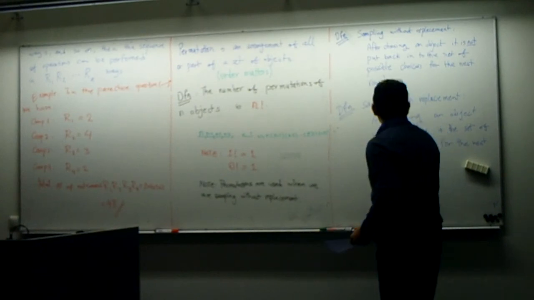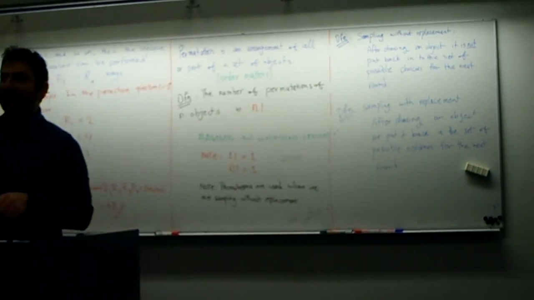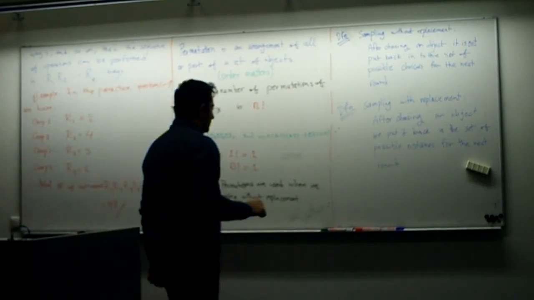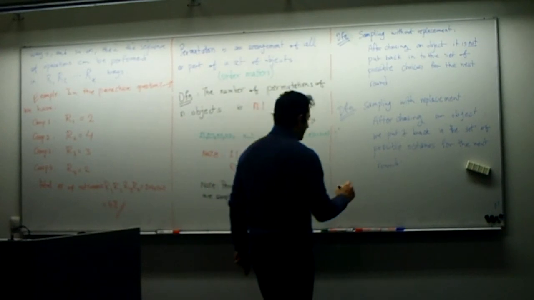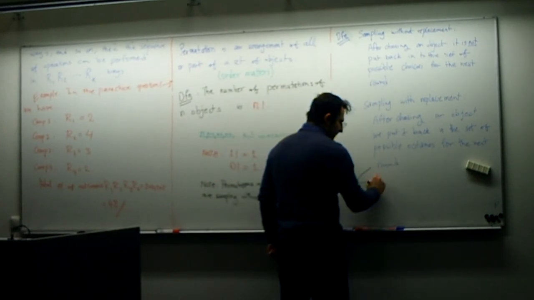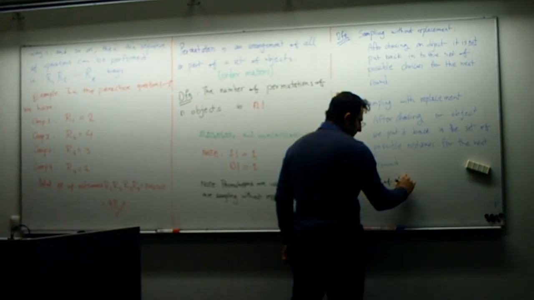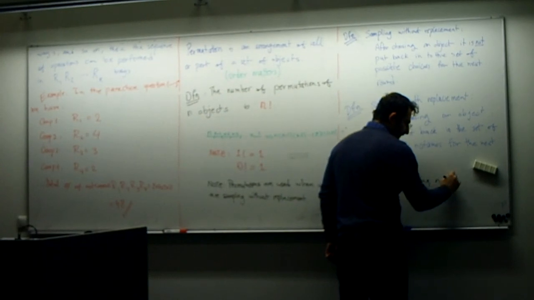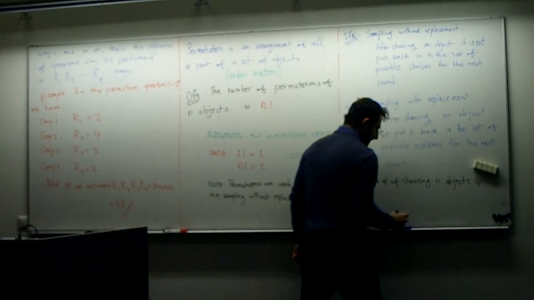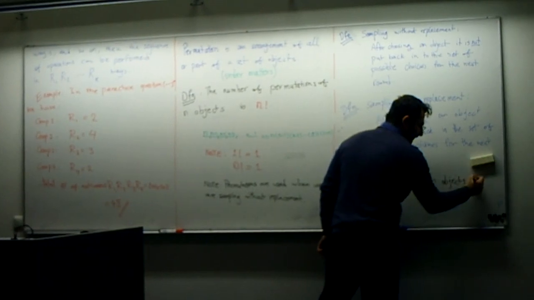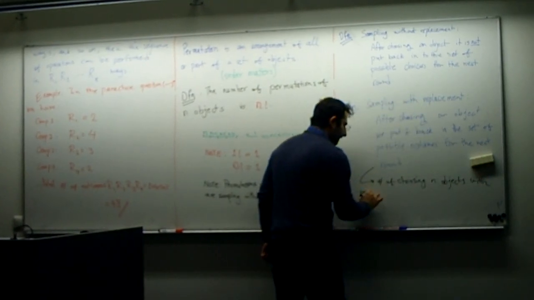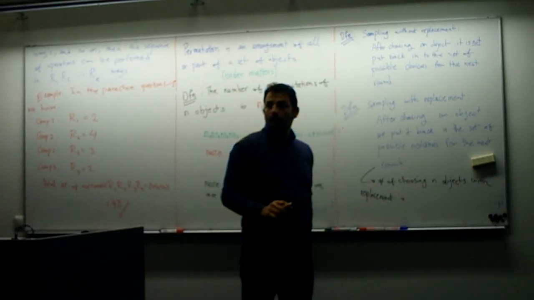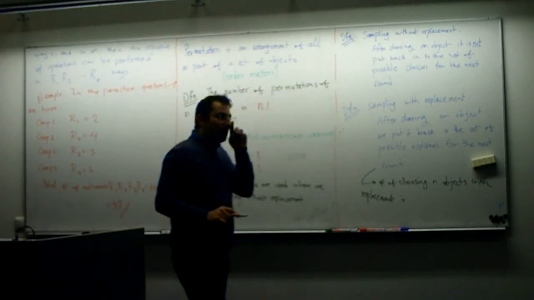So if we have sampling with replacement, and if we have n objects, how many ways can we choose an object? The number of ways of choosing objects with replacement is, now I have a location.